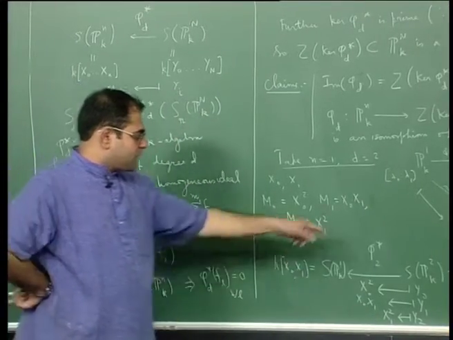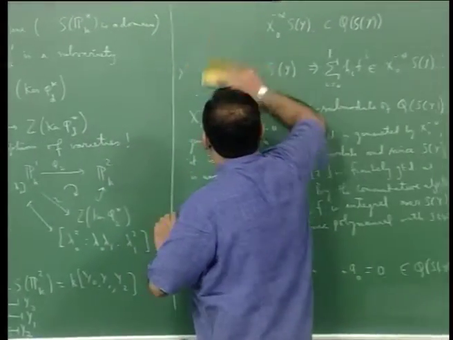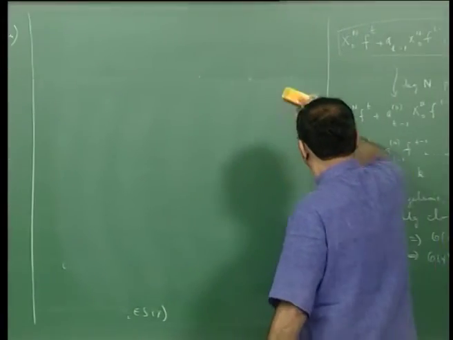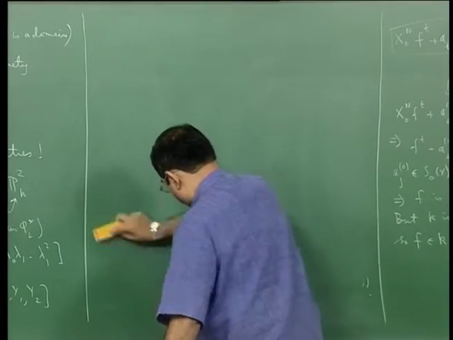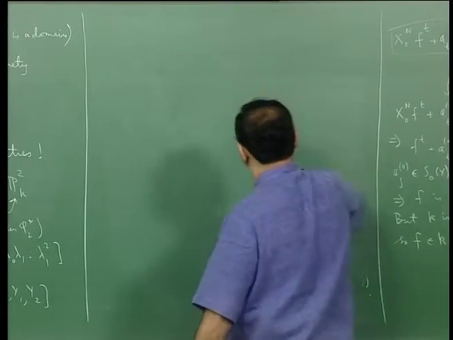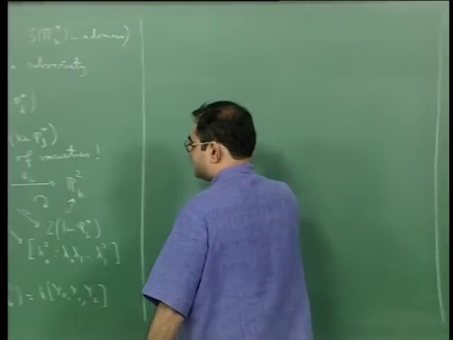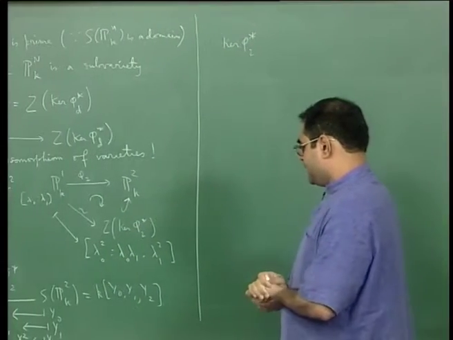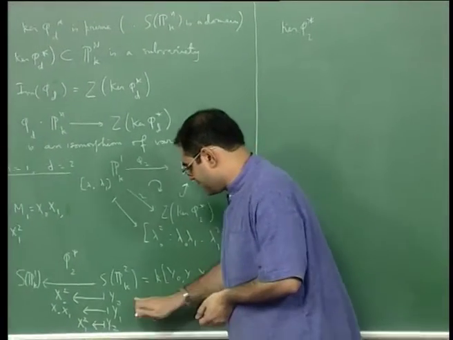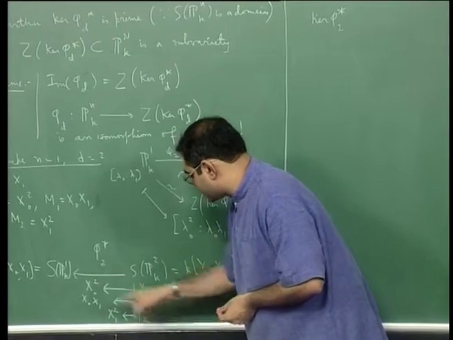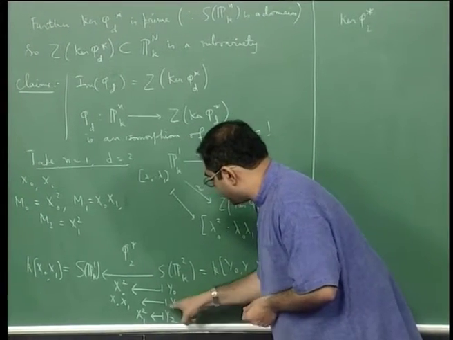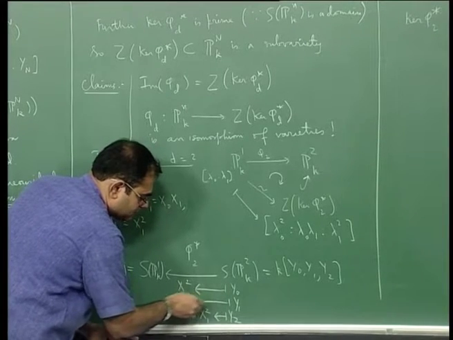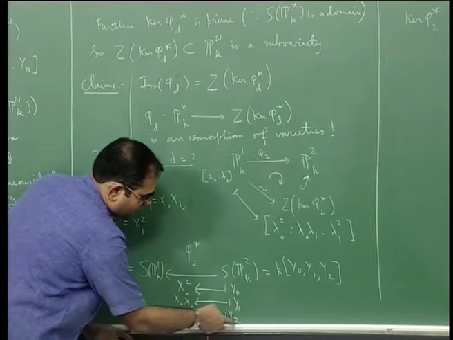Right. Now let us calculate the kernel of phi 2 star. y0 is going to x0 squared, y1 is going to x0 x1, sorry, not x1 squared, and y2 is going to x1 squared.